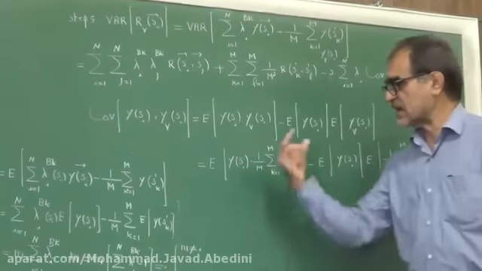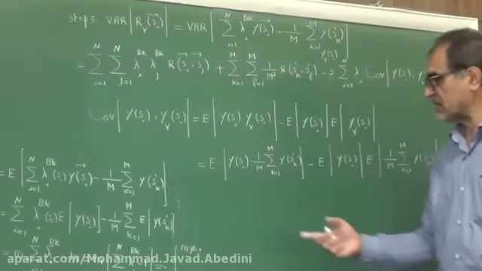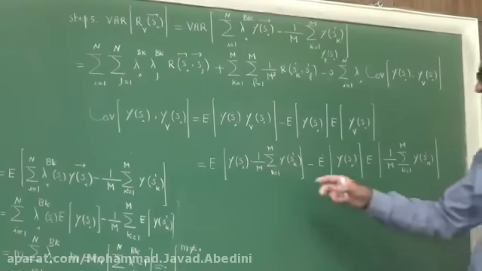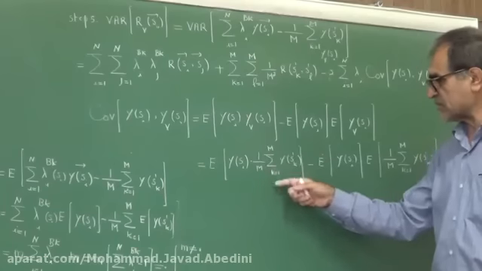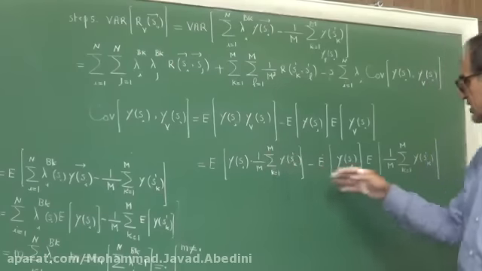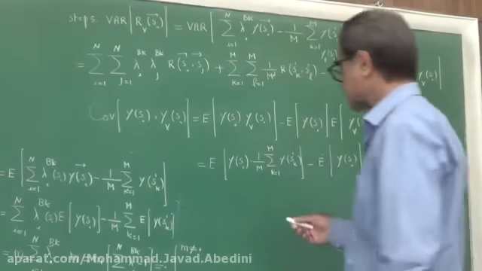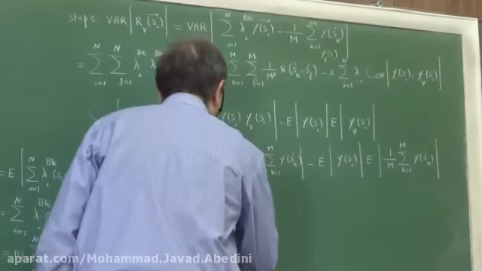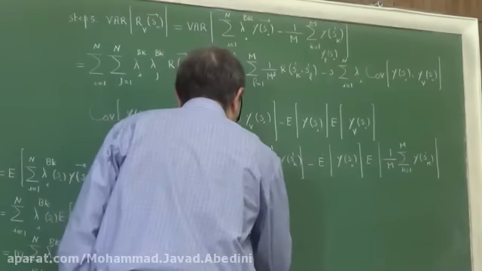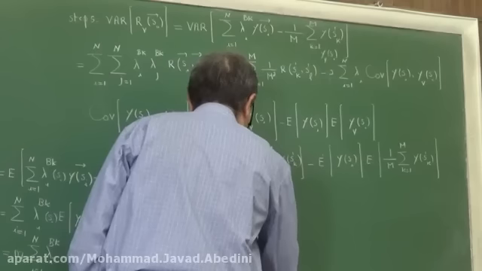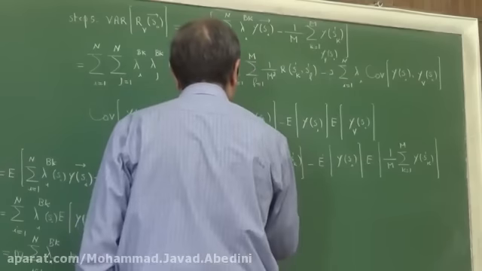Because of the linear property of this operator here, I can factor out this 1 over m summation k from 1 to m from this and this, because it is coming in both terms. Therefore, 1 over m summation k from 1 to m.